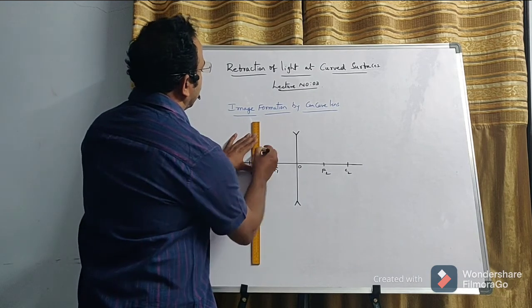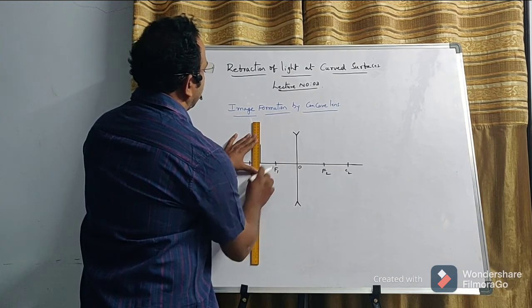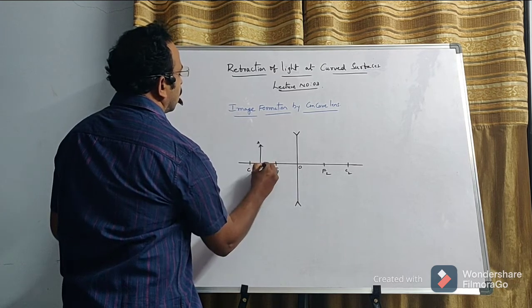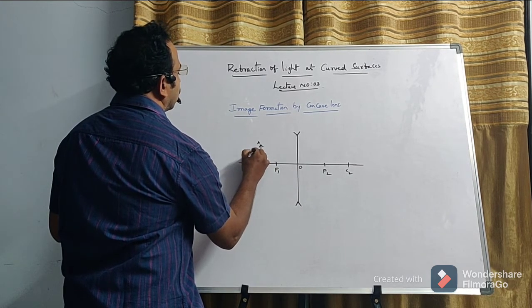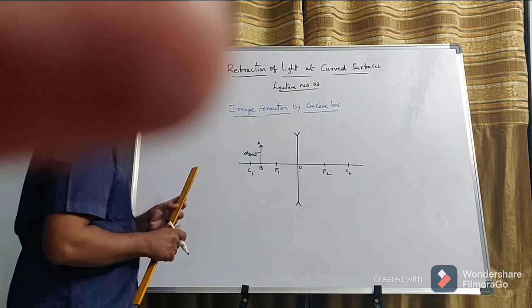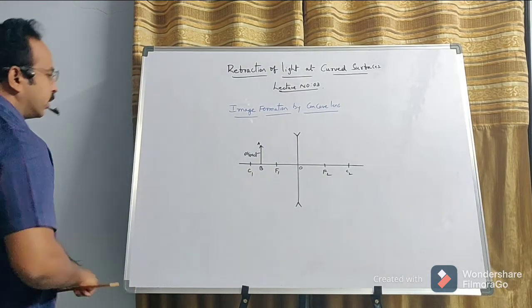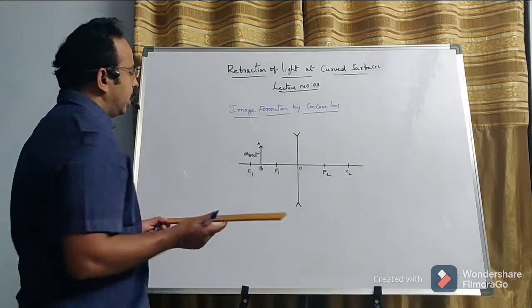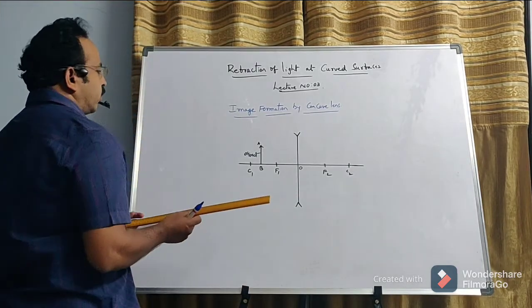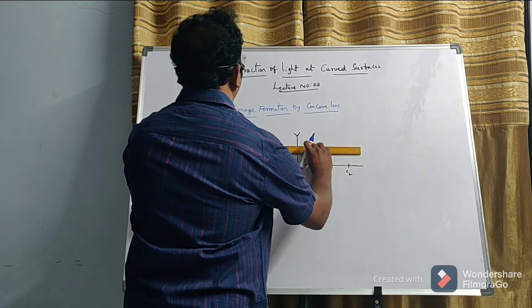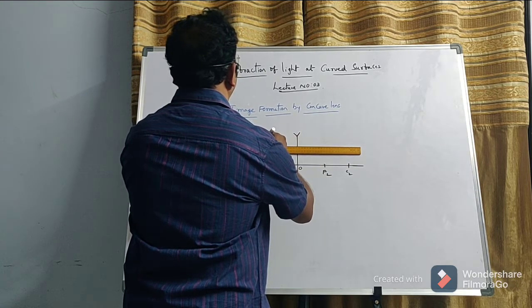Here AB is the object. If you give the object AB, let us see how the image will be formed. As usual, this is the parallel beam of light ray.